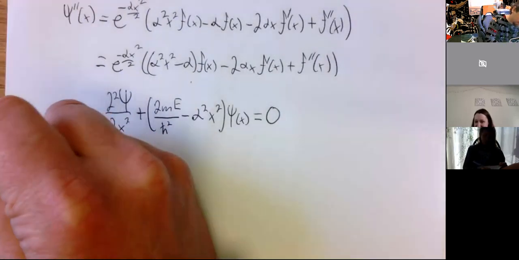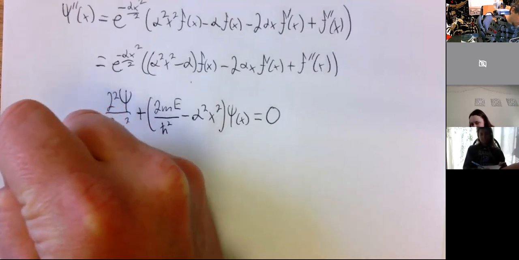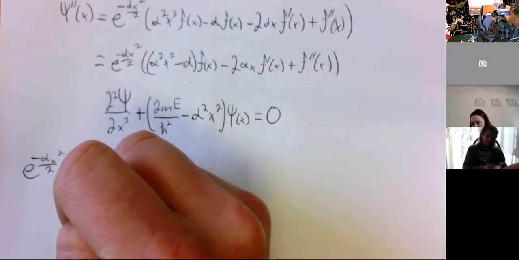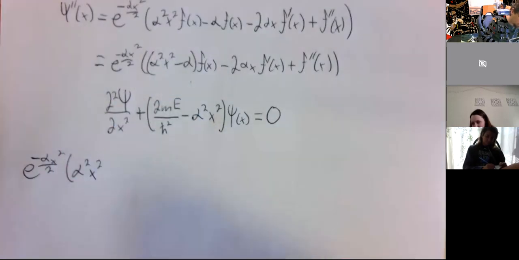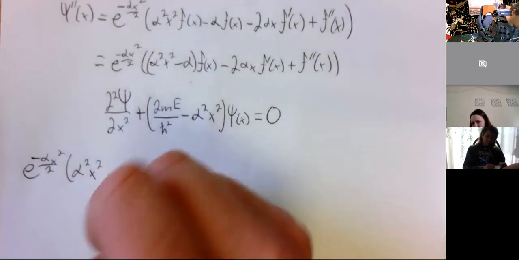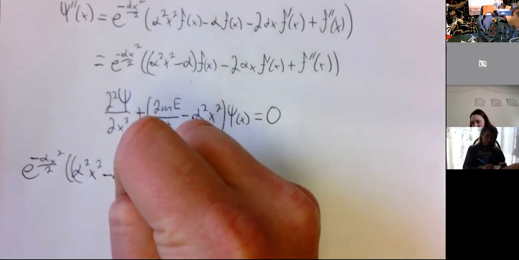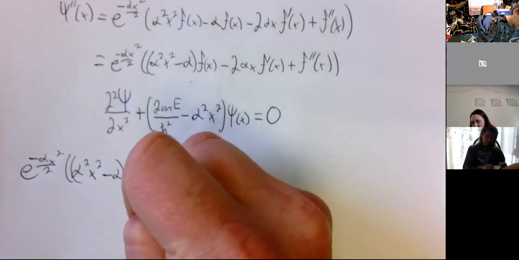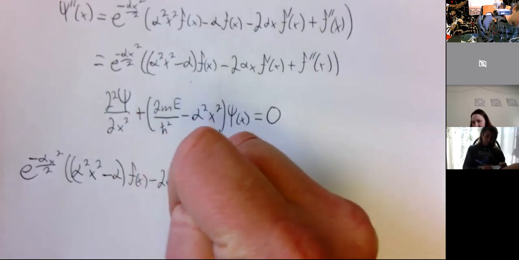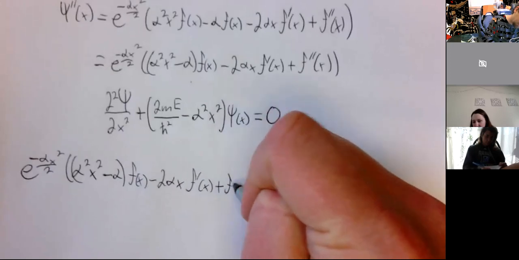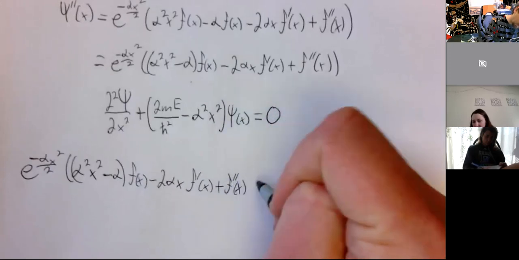So we get e to the minus alpha x squared over 2, and we plug all this in: alpha squared x squared f of x minus alpha f of x minus 2 alpha x f prime of x plus f double prime of x.